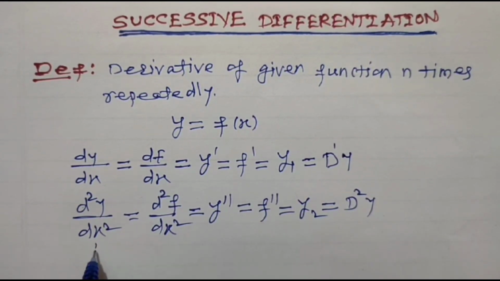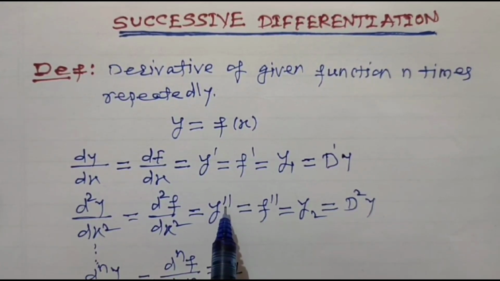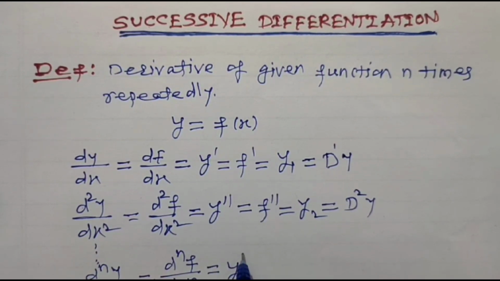And in this way the nth order derivative of y with respect to x to the power n is given by the nth order derivative of f with respect to x to the power n. This is 2 times derivative, that's why 2 dashes, and here we can represent the nth derivative in bracket n.